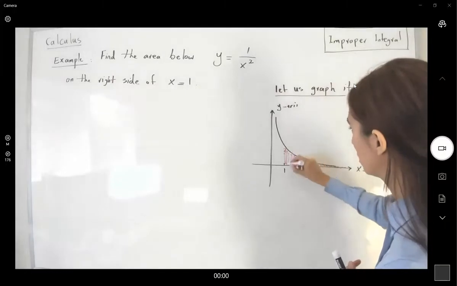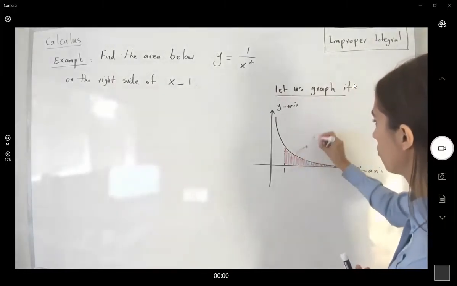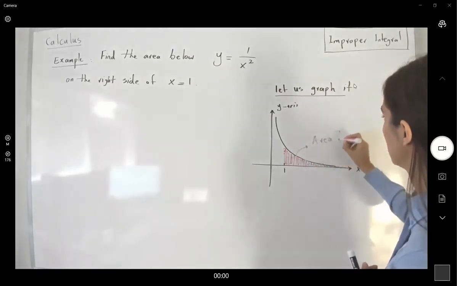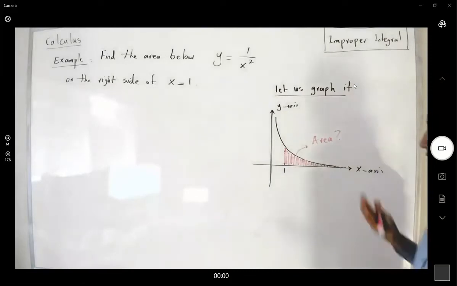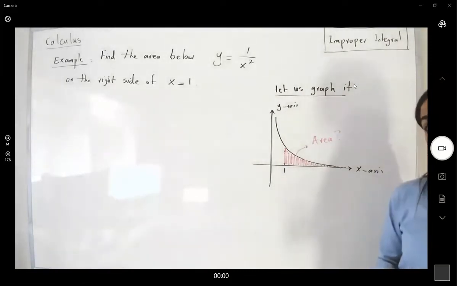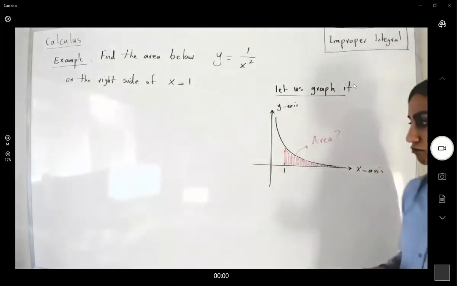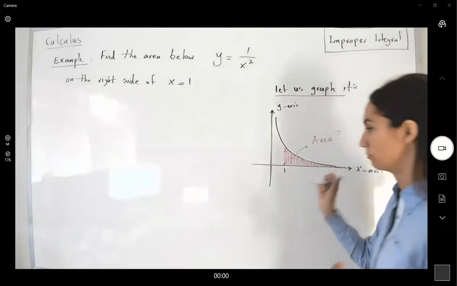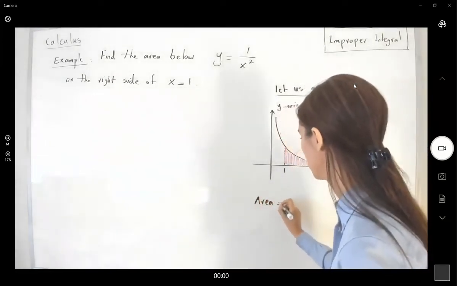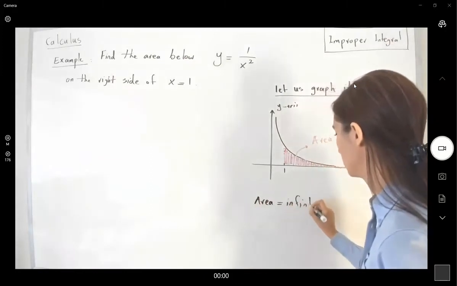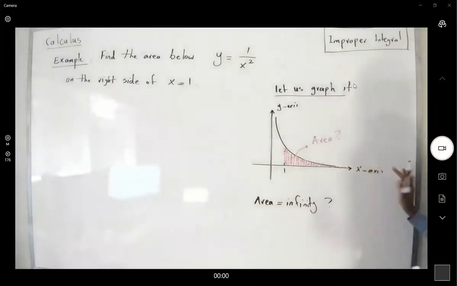As you can see, it doesn't stop on the right-hand side. It just continues. What is this area? Is this a number? Is this infinity? Since the graph continues, you might say, hey, the area is infinity, but is the area equal to infinity?